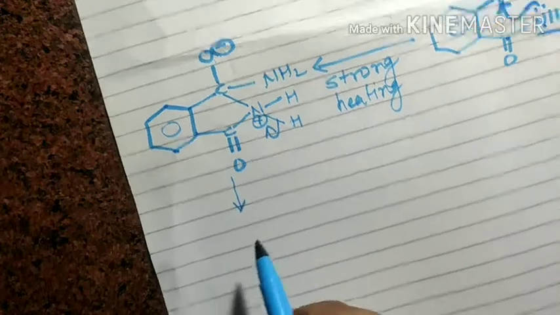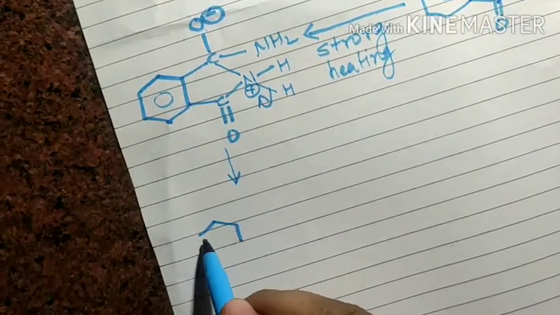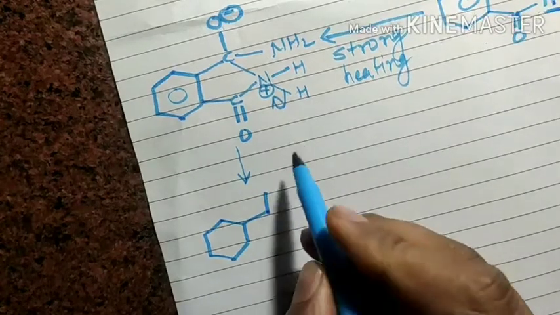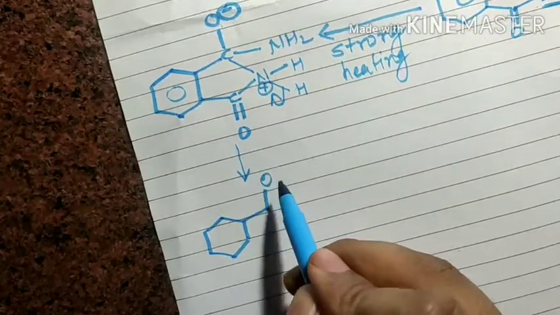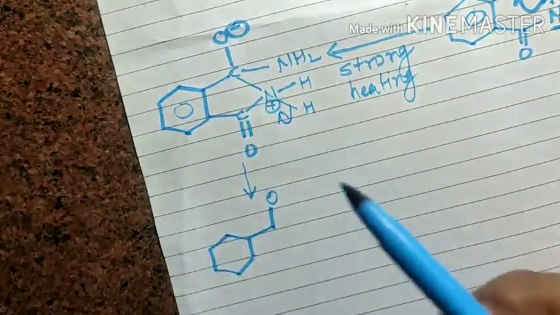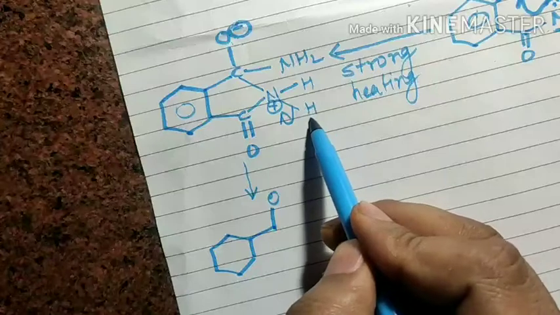So in the next step, just think how I write the mechanism. This hydrogen after deprotonation just joins with this oxygen, because this one is negative and this is removed as positive.